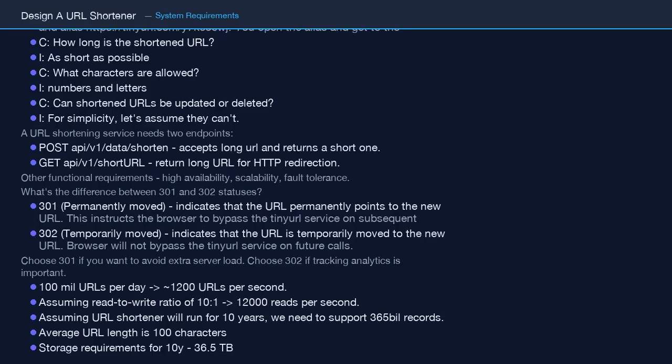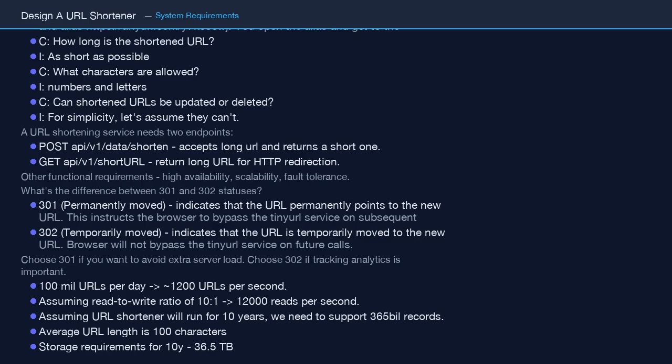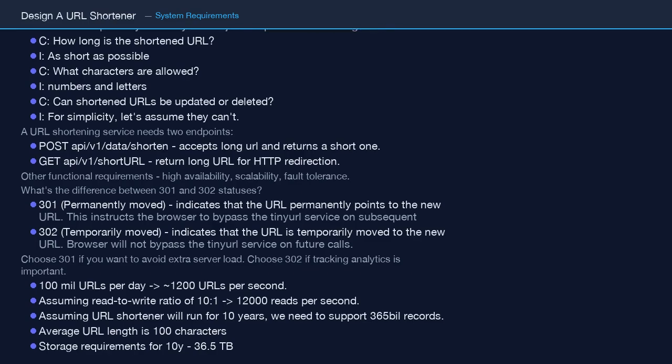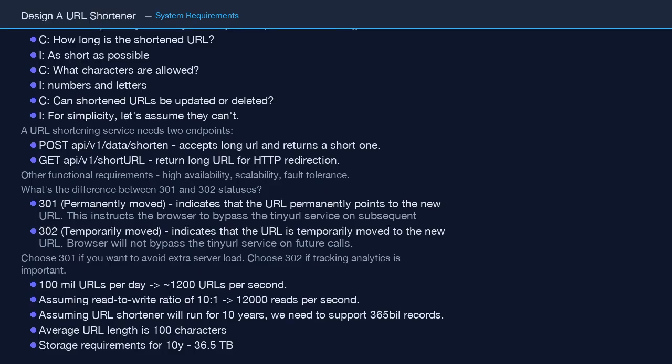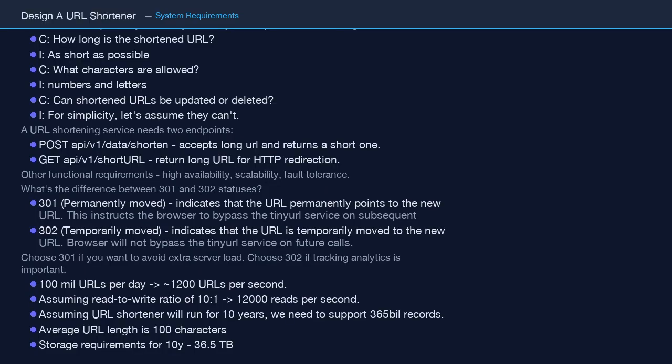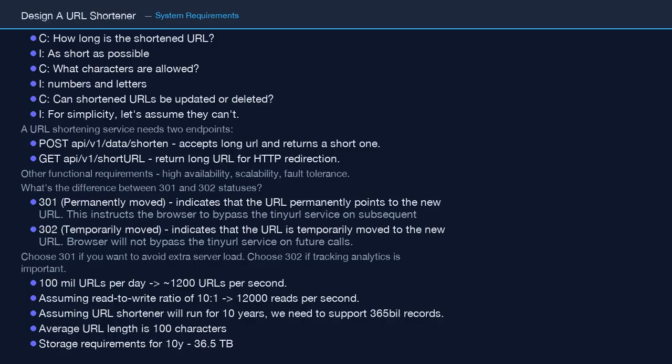If we expect the service to run for 10 years, we need to support around 365 billion records in total. Assuming an average URL length of 100 characters, the storage requirement over that 10-year period works out to approximately 36.5 terabytes. That's a meaningful number that will shape our storage and database decisions.